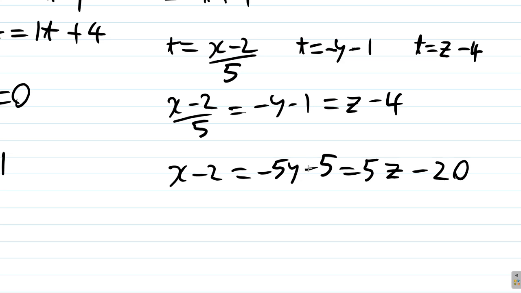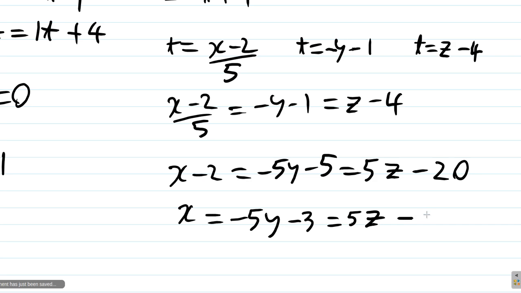Let me see, what else could I do? Suppose I add 2 to both sides, just playing around with it. I could say x equals negative 5y, negative 5 plus 2 is minus 3, and that is equal to 5z, and then negative 20 plus 2 is minus 18. So you could very well write it like this too, right?